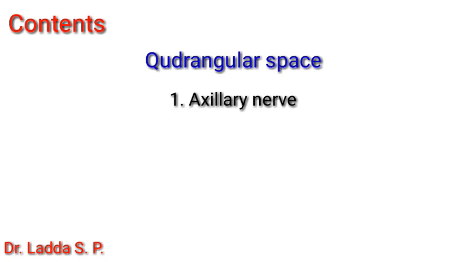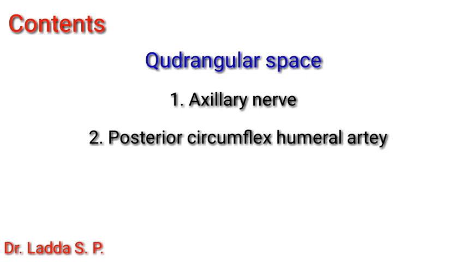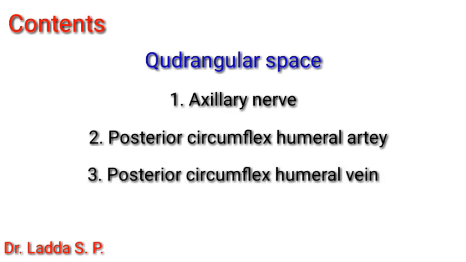Among these, one is an artery, the posterior circumflex humeral artery. And in the same sense, if there is an artery, definitely there is a vein. So the vein of the space is the posterior circumflex humeral vein.